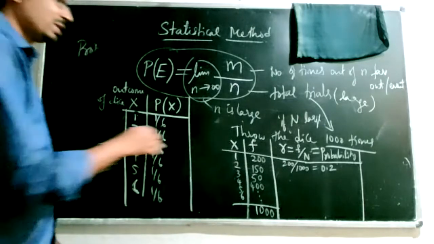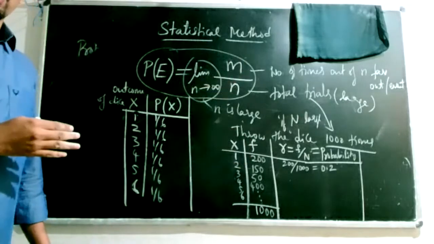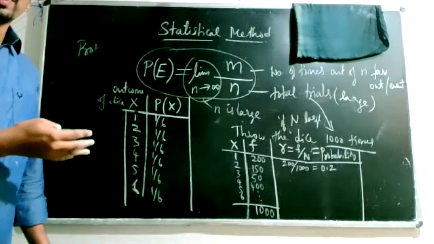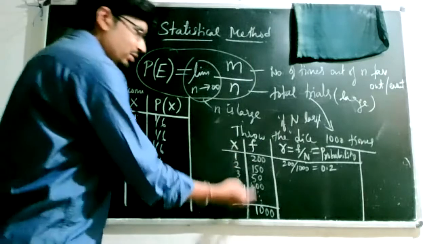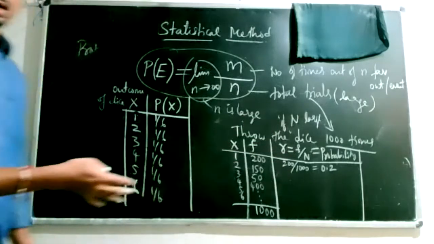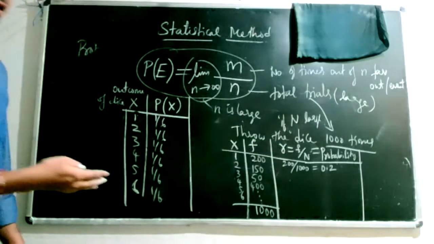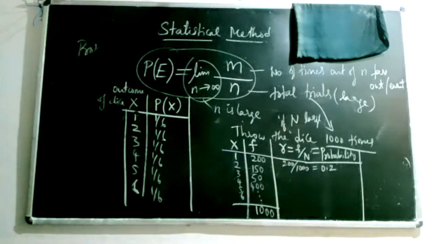Now if you are doing a survey, what is the chance that if I visit this particular locality, I'll get maximum females? What is the chance that I'll get maximum males? In that case, count how many males and females there are, or use the gender ratio of that city or locality to come up with the values of the probabilities.